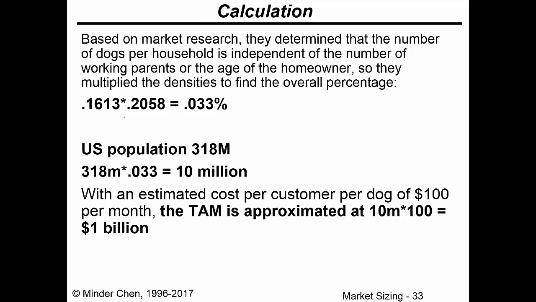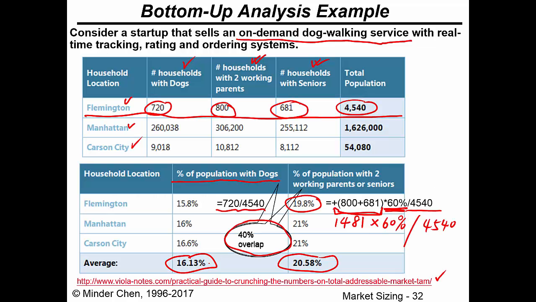With that, let's come back here. This is the population with a dog, and this is the population with 2 working parents or seniors.